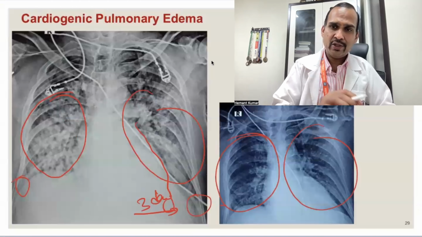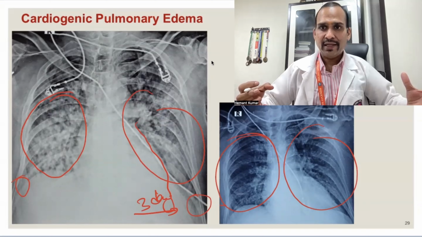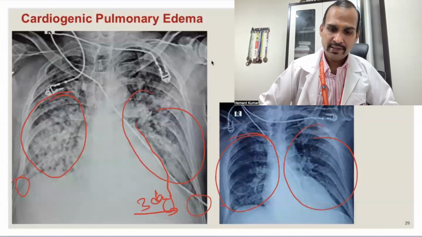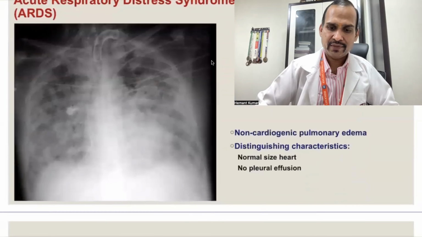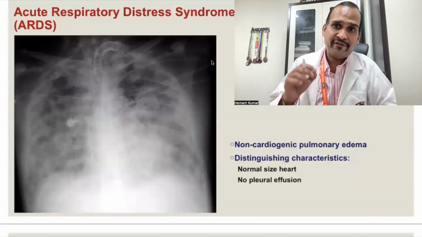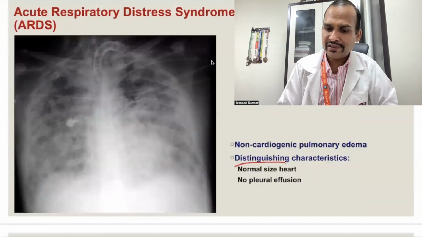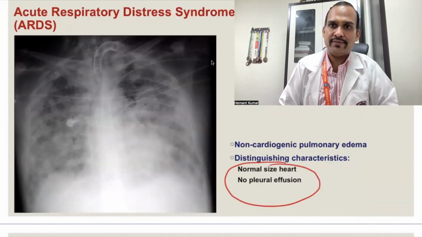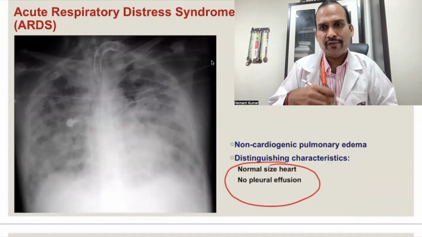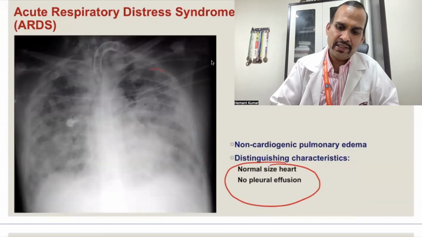You can see consolidation arising from the hilar side, cardiomegaly, and blunt CP angles. This is a case of ARDS. Again, it is very difficult to differentiate clinically. If you find normal heart size and no pleural effusion, then you can think of ARDS, non-cardiogenic pulmonary edema. But radiologically, the opacities are almost the same.